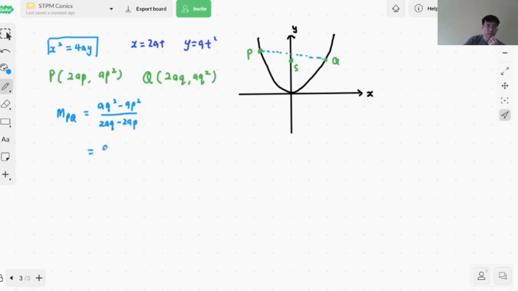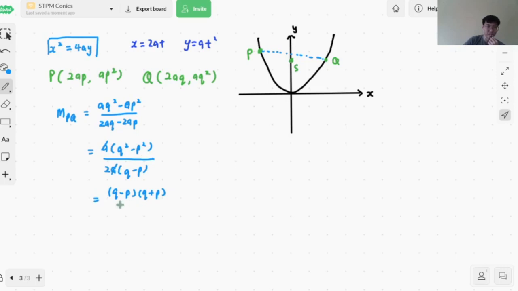In this case, you can factorize out the a. Okay, this is the a, not 9. So q squared minus p squared on top, and always factorize out the 2a on the bottom, so you get q minus p. And the a you can cut away.